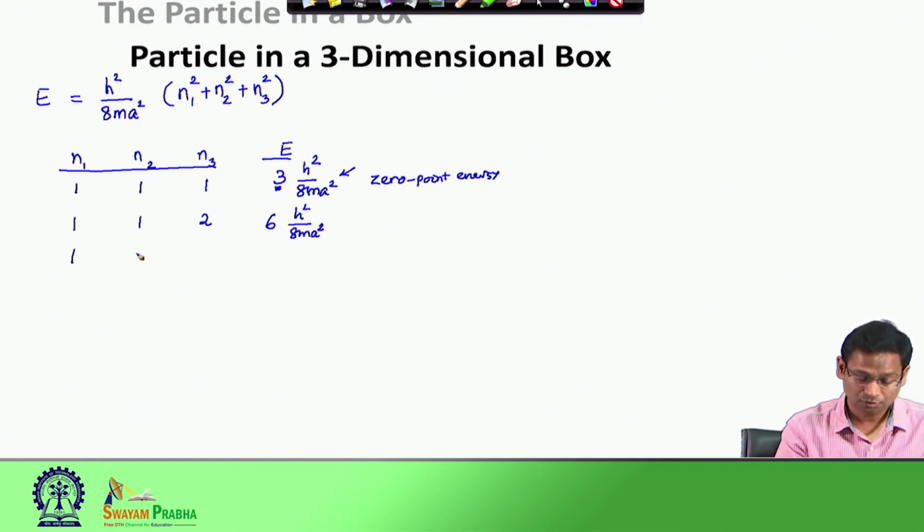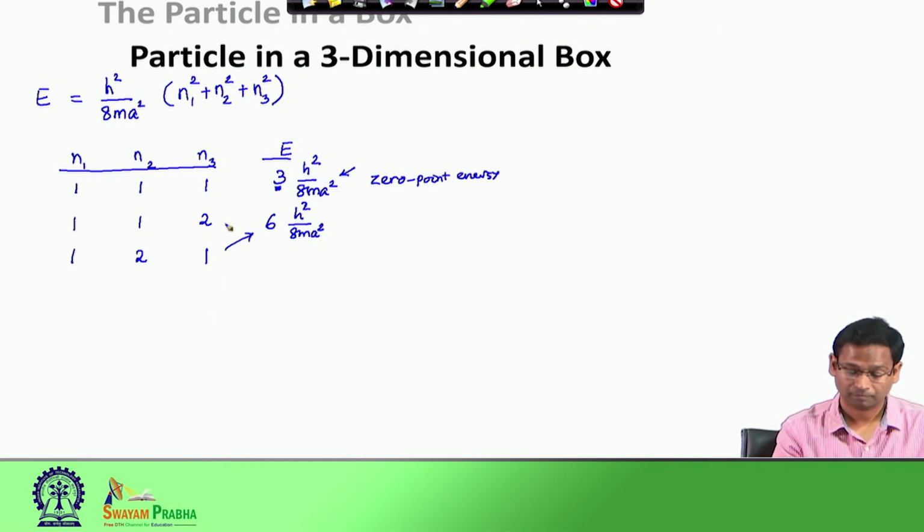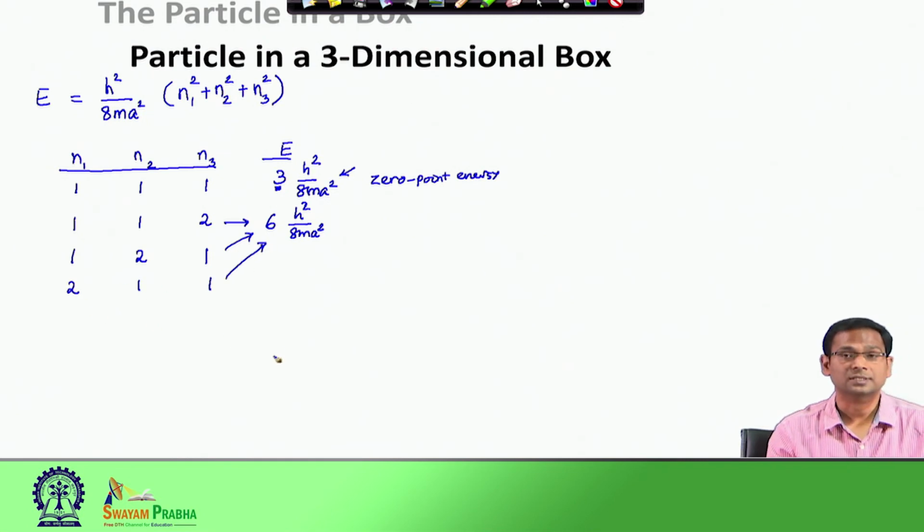I can also do 1 2 1 and you will see the energy of this state is also the same as 6 h square divided by 8 m a square. There is one more function, 2 1 1, which also has the same energy.